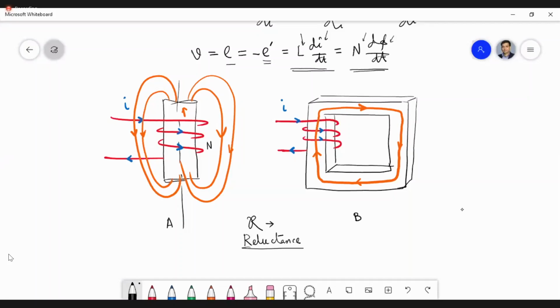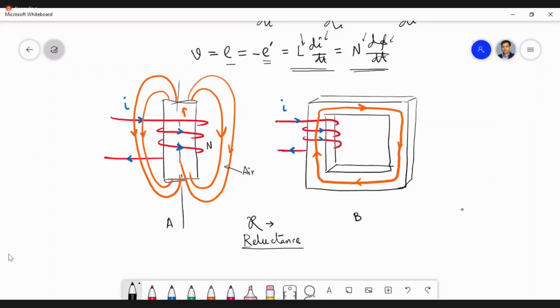Here in the first configuration, we have an iron piece like this, an iron bar. But somehow the flux is not getting any path after some time, so it has to flow through the air.